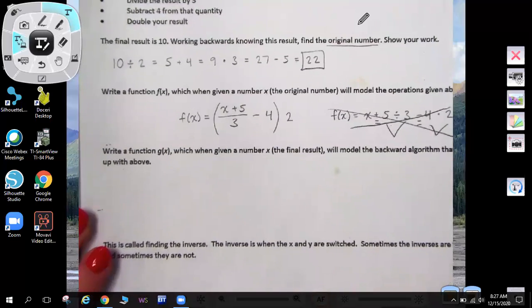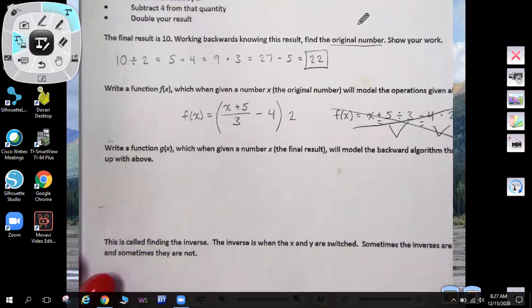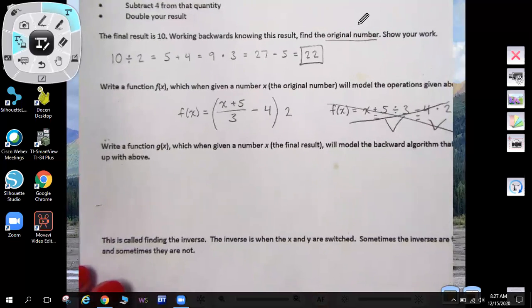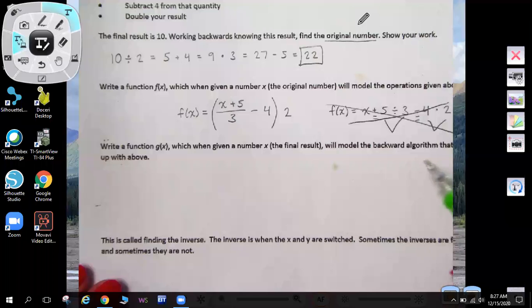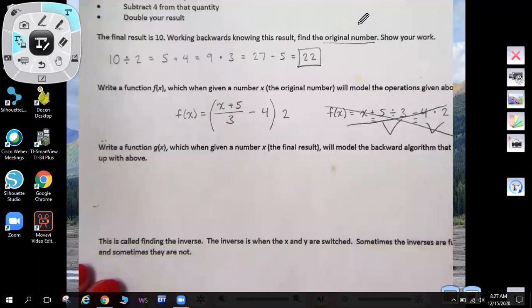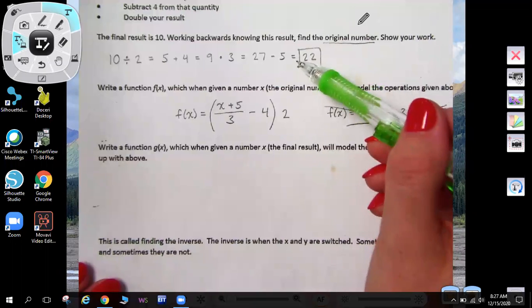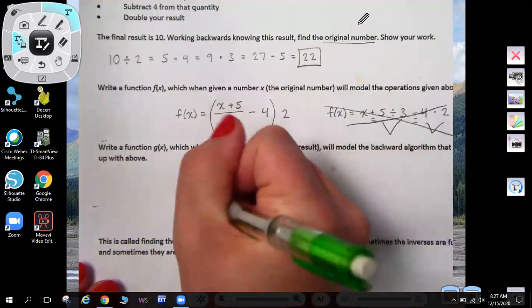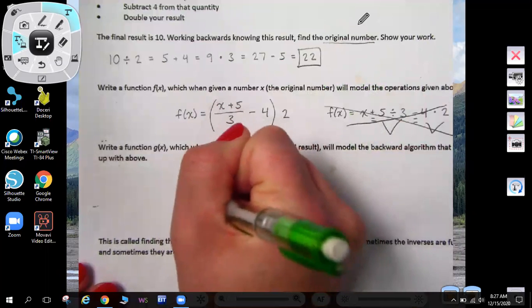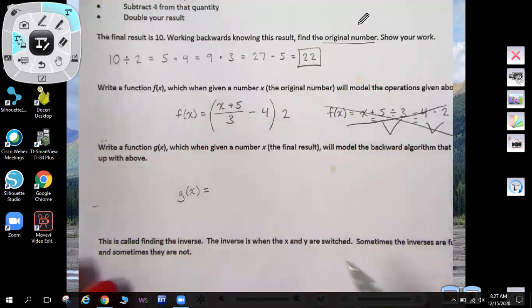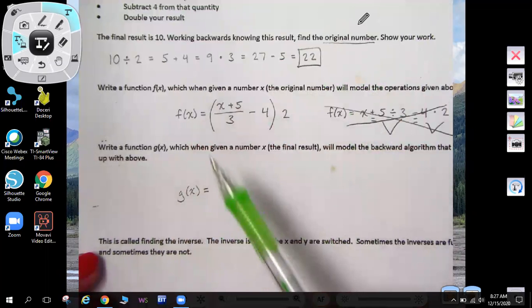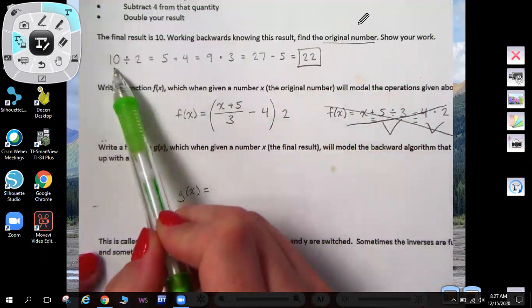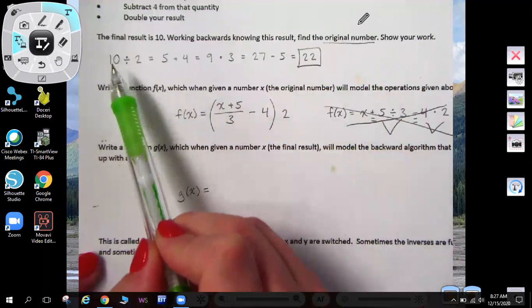Okay, next question. Write a function g of x, which when given a number x as the final result, will model the backward algorithm that you came up with above. So now we are going to be looking at this work that we did. We're writing a different formula, or a different function, g of x. So in the work we did up here, we started with the final result of 10.